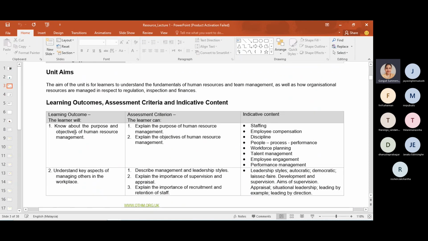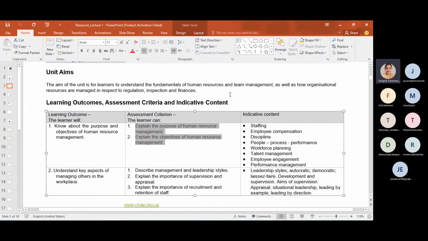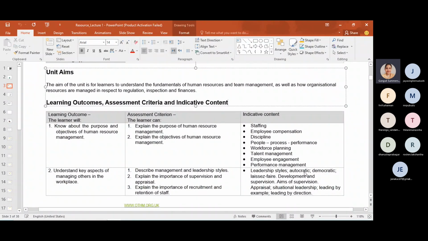Under the first learning outcome, there are 2 assignment criteria: explain the purpose of human resource management, and explain the objectives of human resource management.